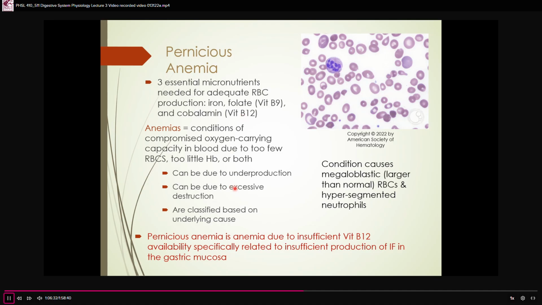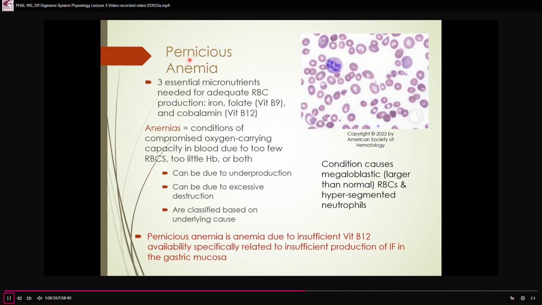You can have excessive destruction. So you might have sickle cell anemia or something that makes the cells more fragile and more susceptible to breakdown and elimination. So, like I said, there are different types of anemias, and they're categorized according to what the underlying problem is. There's a type of anemia that is called pernicious anemia.